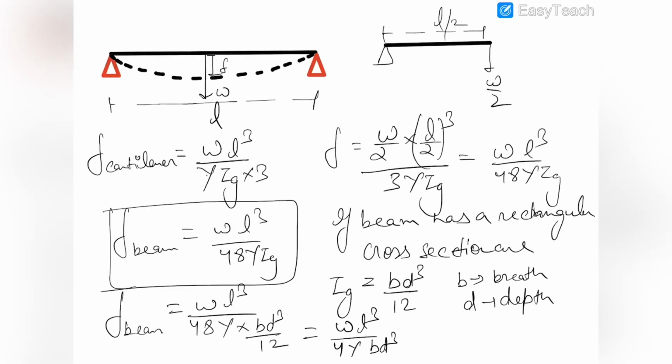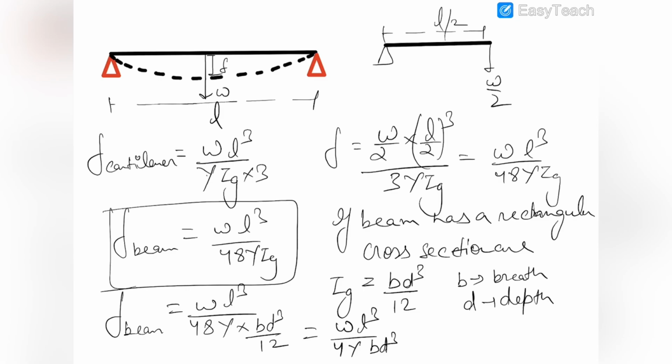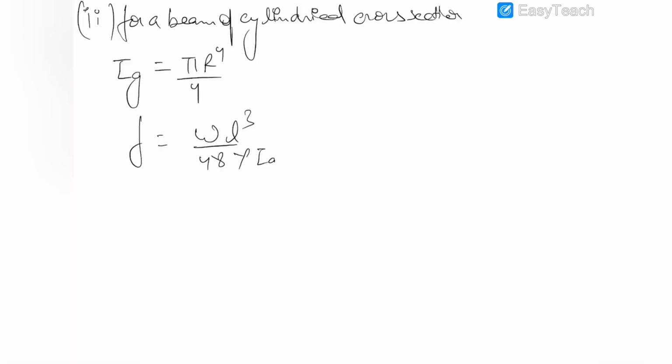Therefore, for this cylindrical beam, the depression delta will be W L cube by 48 gamma Ig. Now we can write the value of Ig here as pi r to the power 4 by 4.